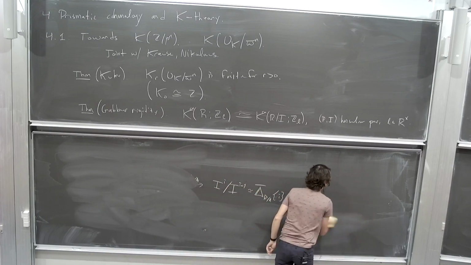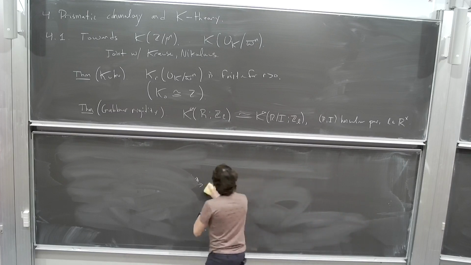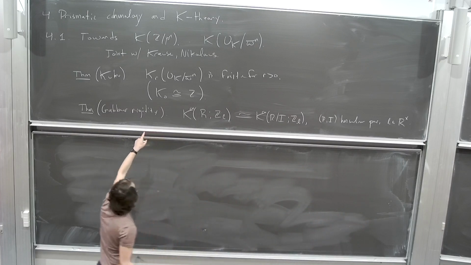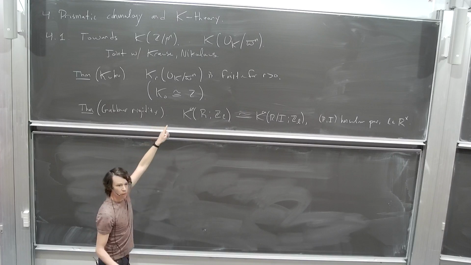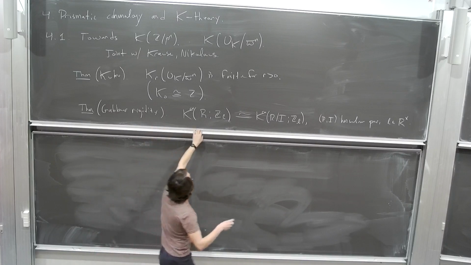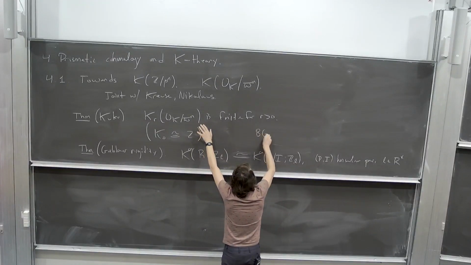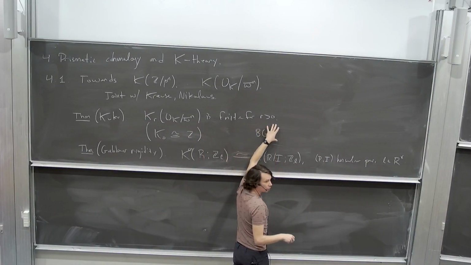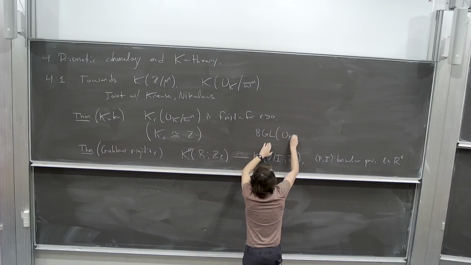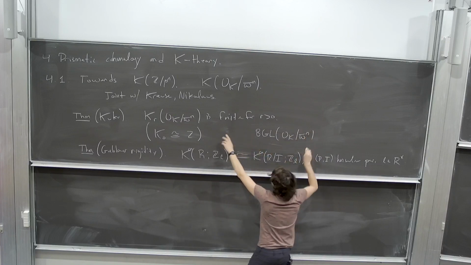Why is that true? Roughly speaking, what is K-theory built from in the classical approach? You start with the infinite general linear group. This is true for any finite ring, really.